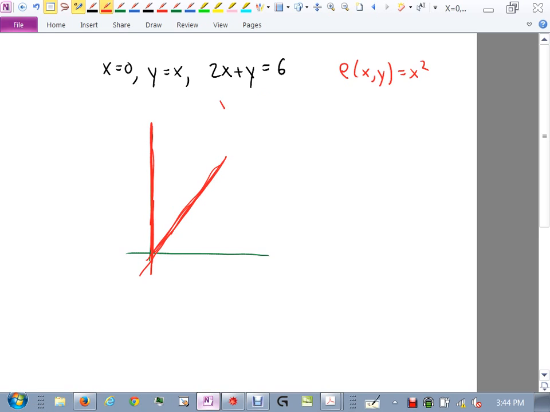So y equals negative 2x plus 6. That has a y-intercept up here at 6 and slope negative 2. It does something like this. Y'all agree? This is a very rough sketch, but that's what we would have. Looks like we have this region right there.